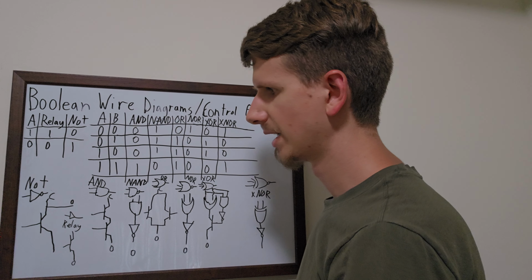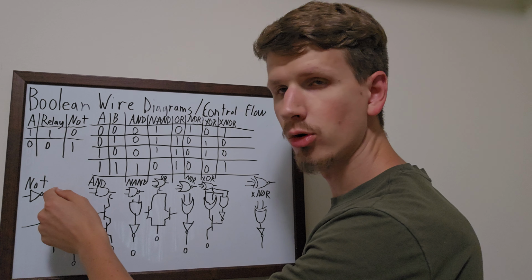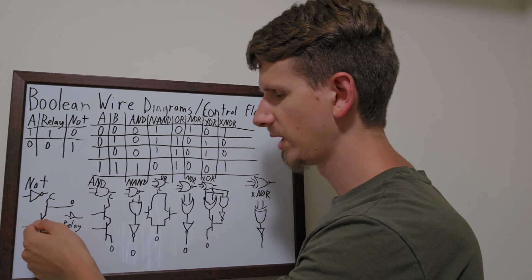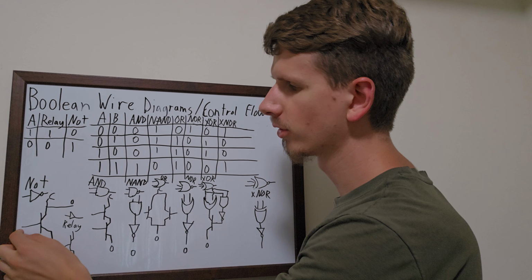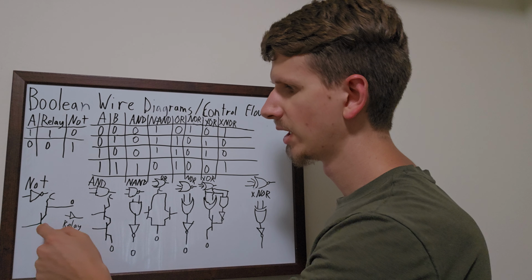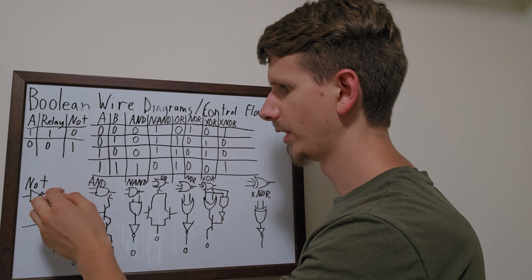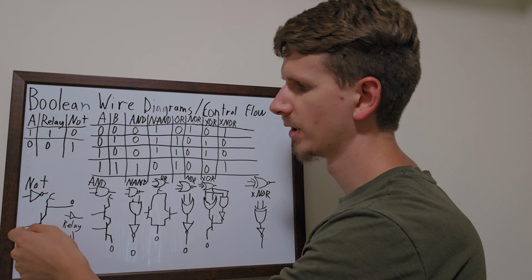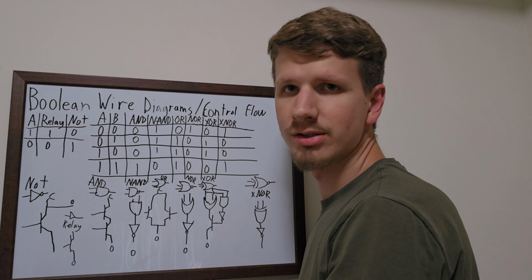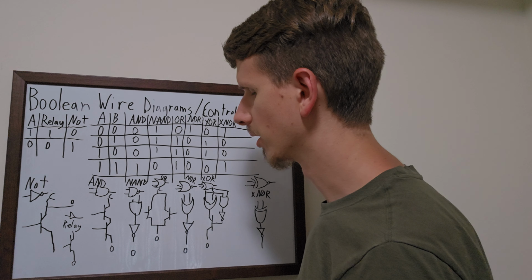So if we have 0 current, then this is off, and we have a value of 1 coming out here. And if we have a 1, current flows through this transistor out to a ground, and so it's just lost. So it's a 0.